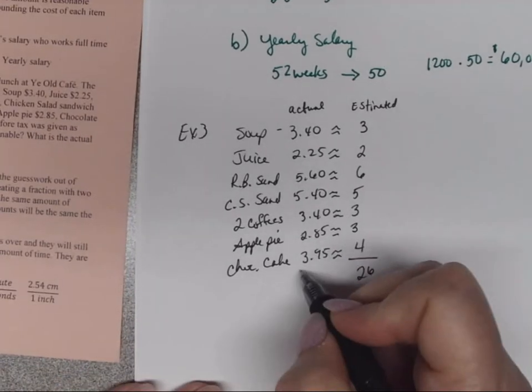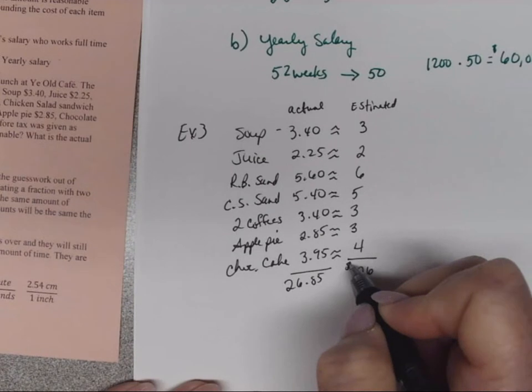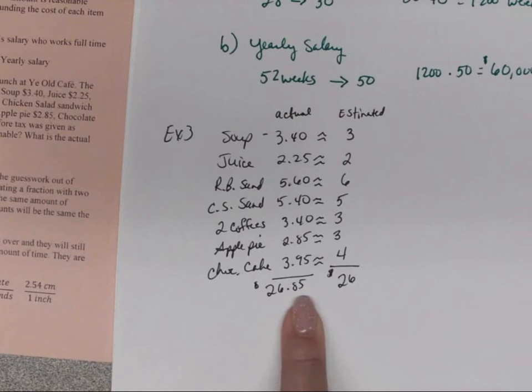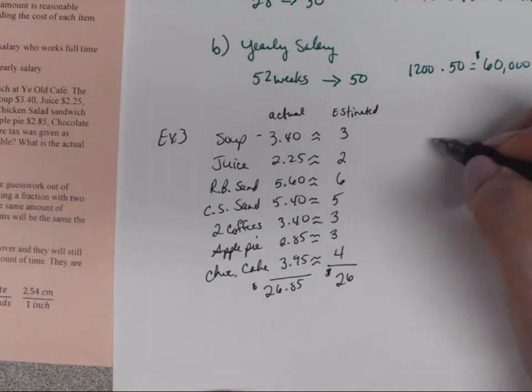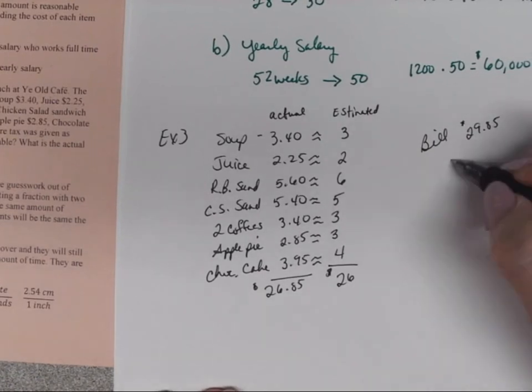The actual cost is $26.85. So our estimate is still very close to what our actual cost is. Now they gave us a bill of $29.85. Was it reasonable? That's the question.